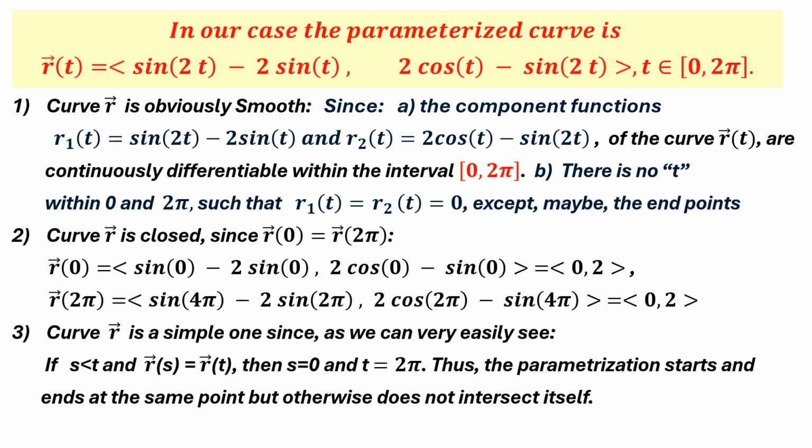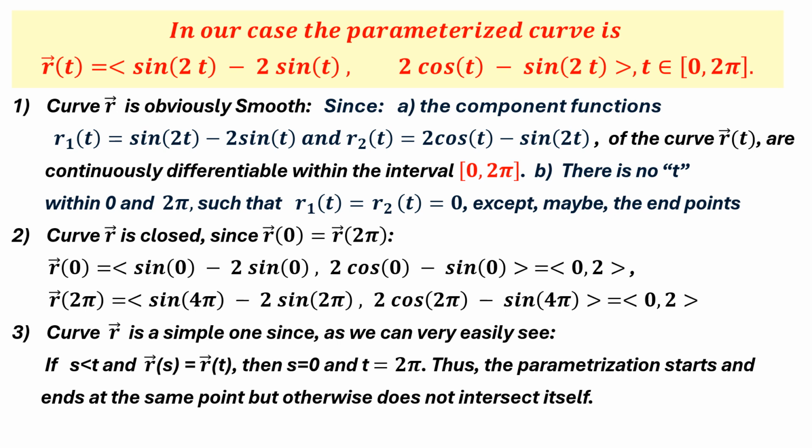First, curve R is obviously smooth, since the component functions R1 of t equals sine 2t minus 2 sine t, and R2 of t equals 2 cosine t minus sine 2t, of the curve R of t, are continuously differentiable within the interval 0 to 2 pi. And there is no t within 0 and 2 pi such that R1'(t) equals R2'(t) equals 0, except, maybe, the end points.